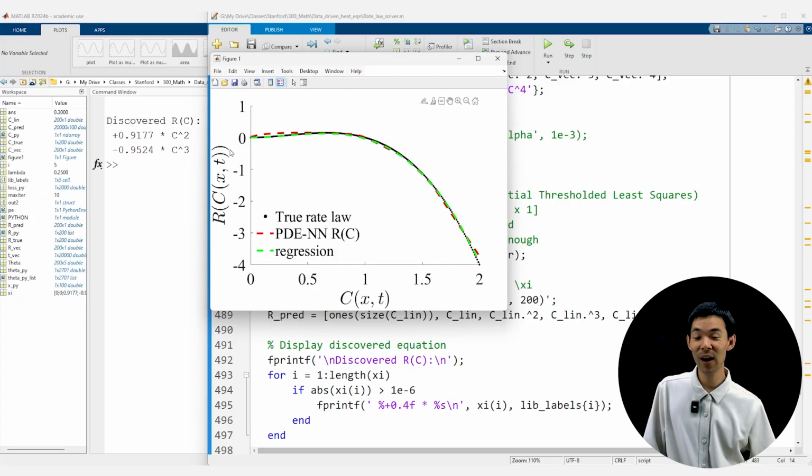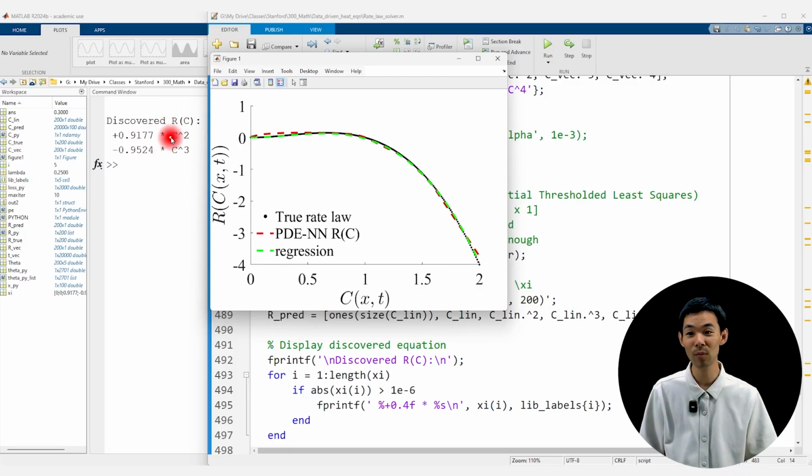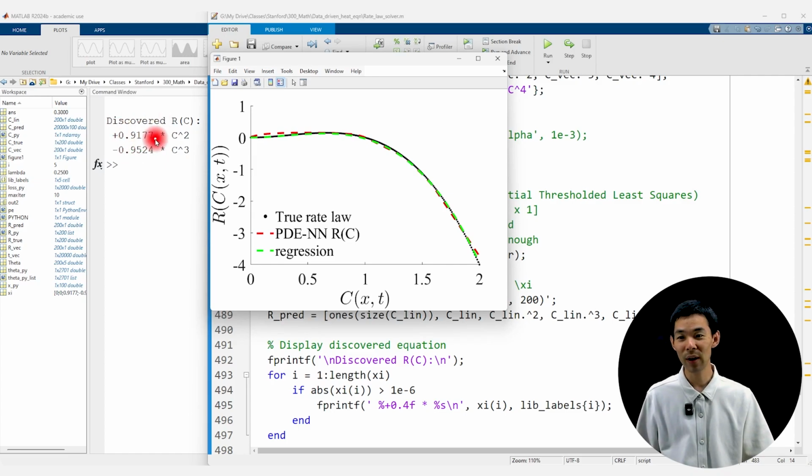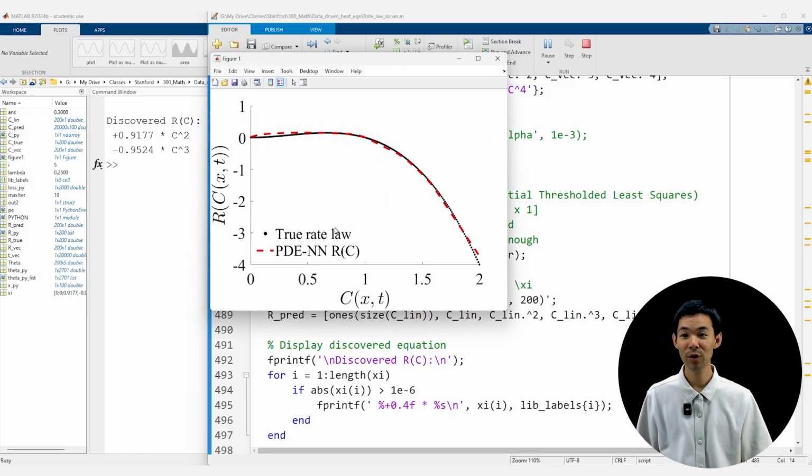You can see it's found the two terms in the polynomial that are the correct answer, C squared and C cubed. It's almost correct. The coefficients should be 1 and -1 instead of 0.9 and -0.95. So it's getting closer, though I'm not sure how much more we can push it.